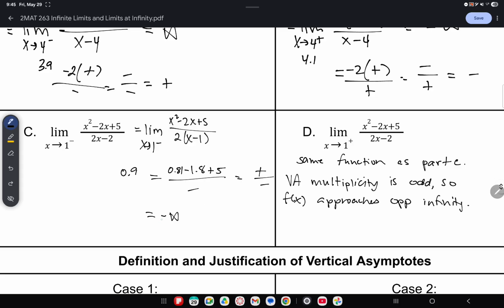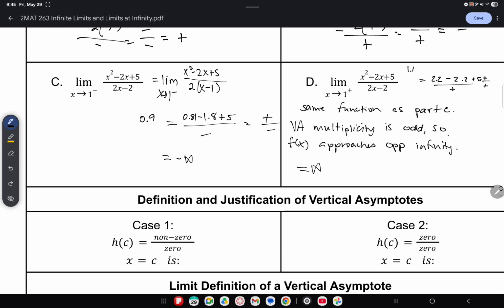So because this left side was negative infinity, this side is going to be positive infinity. And you can verify that by plugging in something like 1.1. So 1.1 squared is obviously going to be positive, and then minus 2.2 plus 5, so that's positive, right? And then the bottom, that's also positive. So positive infinity. Now, if the multiplicity was even, they'd be going the same direction.